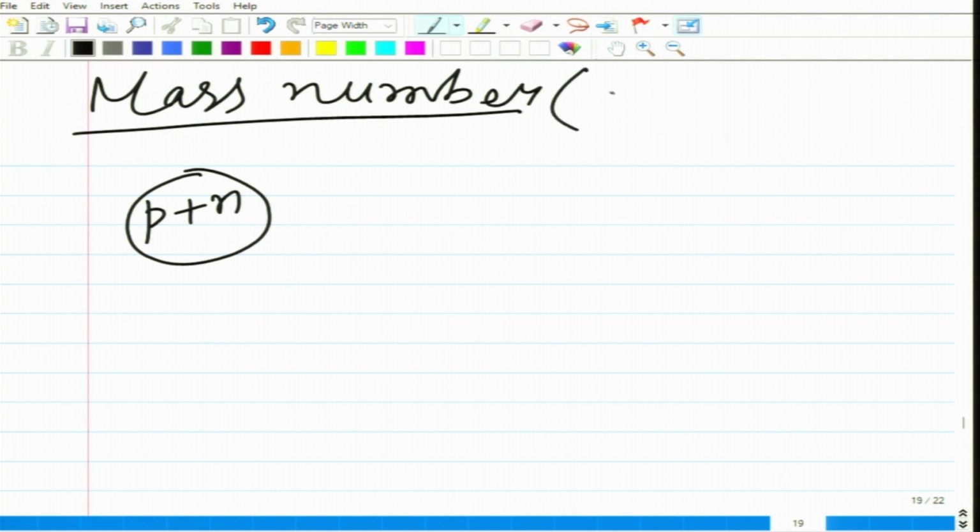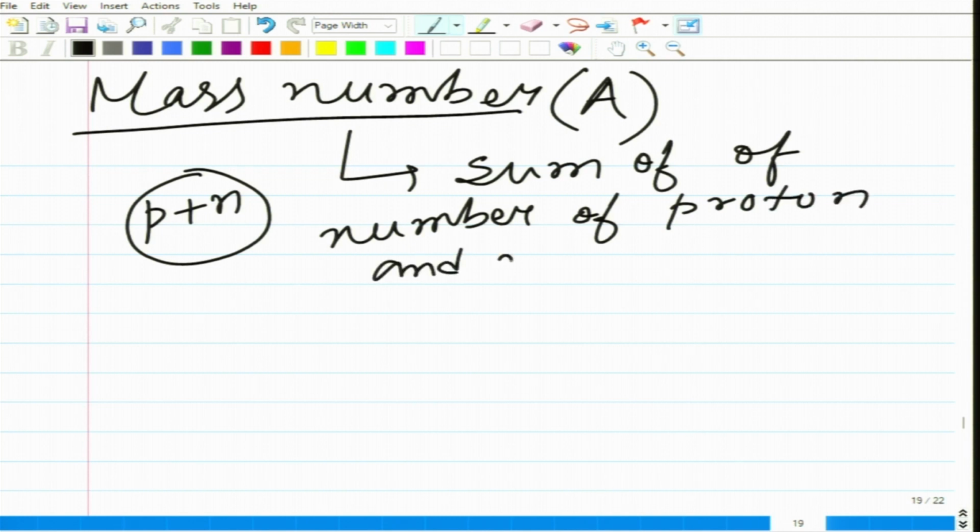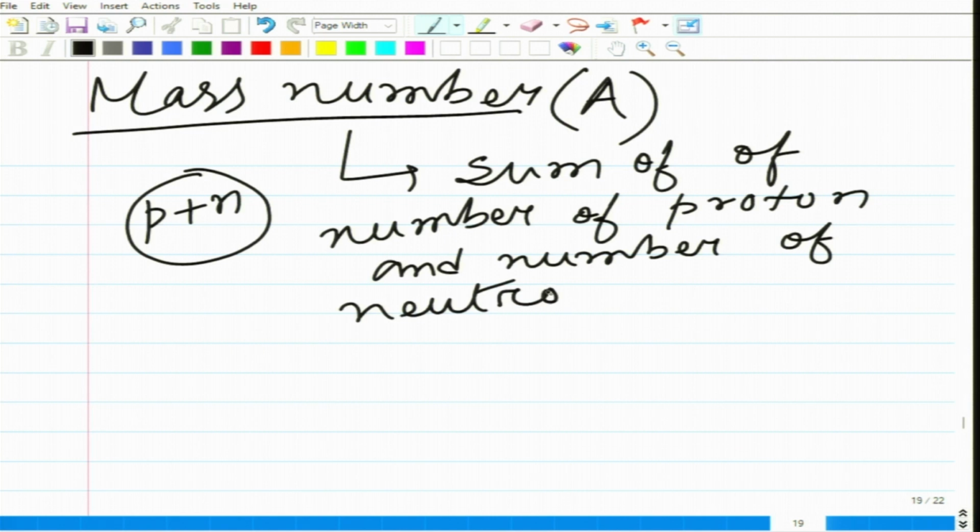So, the mass number, which is represented by A, is the sum of the number of protons and the number of neutrons. So, P plus N is the mass number.